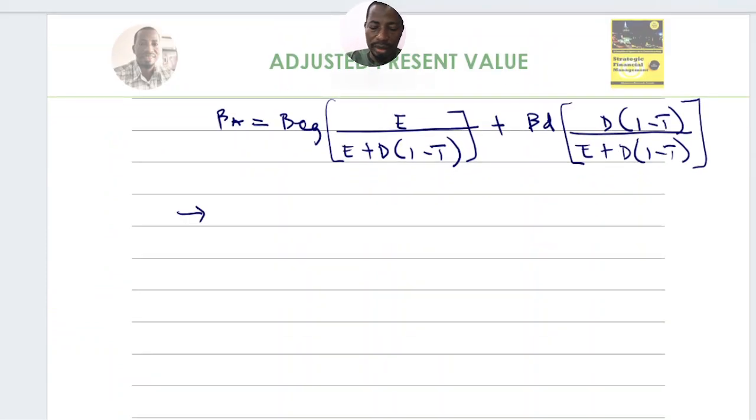Step 3 says calculate cost of equity ungeared. That is, you calculate using CAPM, the capital asset pricing model, denoted as KE.